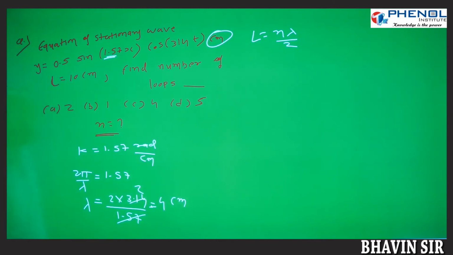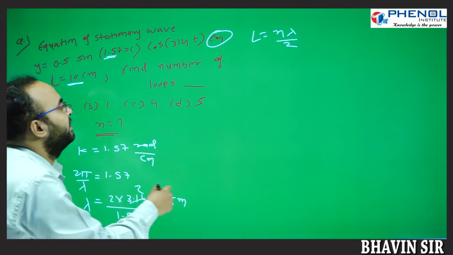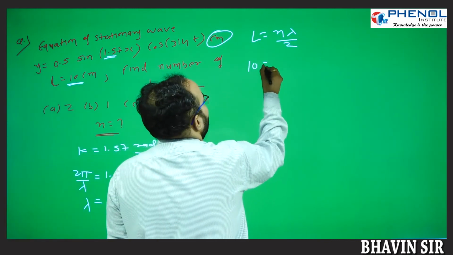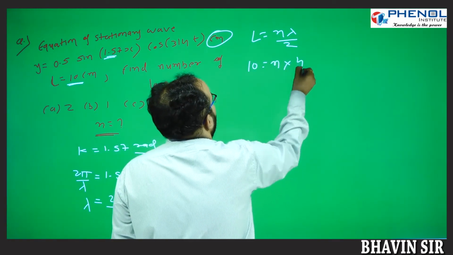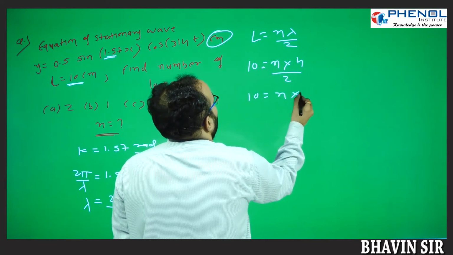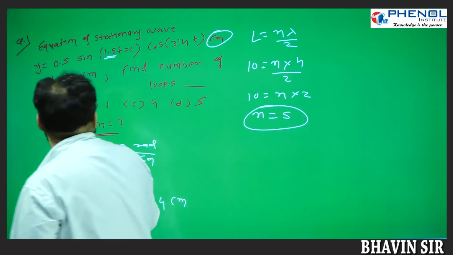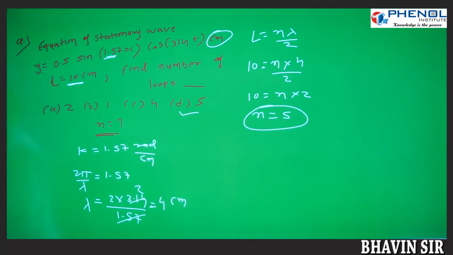So what is the wavelength? 4 centimeter. Length is also in centimeter, so no need to convert. We want to find n. So how many loops? 5. Total 5 loops are there.